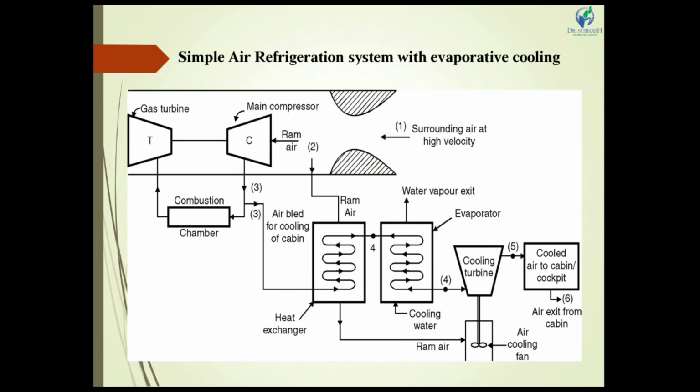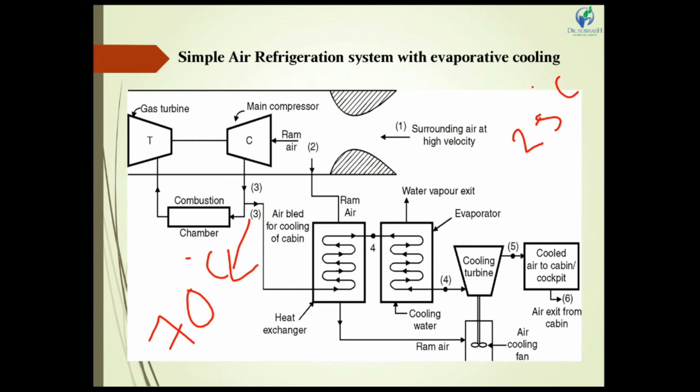This air additionally passes into the evaporator, which is one type of subcooling substance. First, we consider the surrounding temperature to be 25 degrees centigrade. After the compression process, the temperature is considered to be about 70 degrees centigrade.